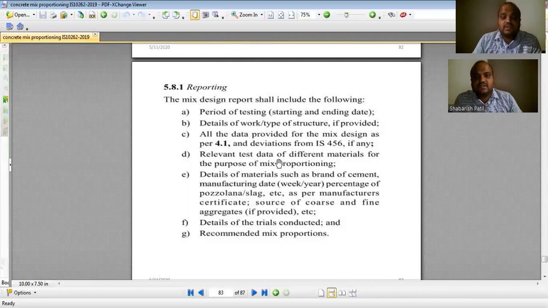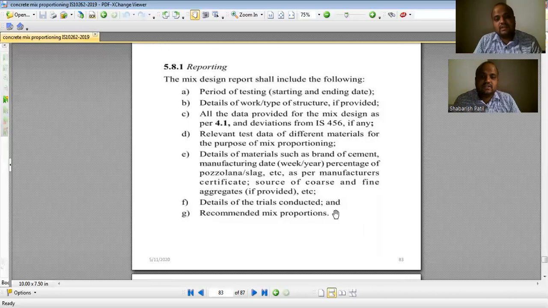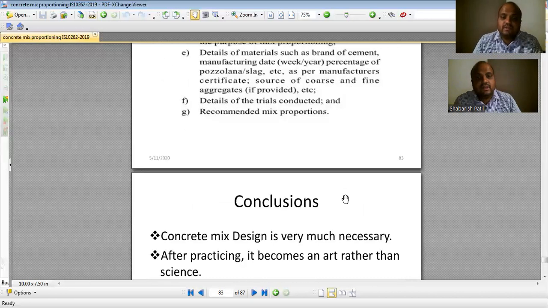We require moisture content or water absorption. Those values should also be recorded here. Details of brand of cement and manufacturing date, of course, cement details, everything is supposed to be recorded. Details of the trials conducted should be recorded, and the recommended mix proportion shall be given.